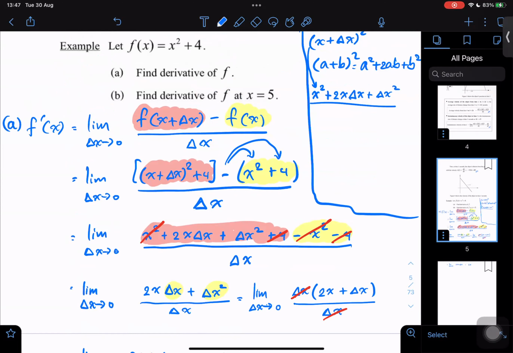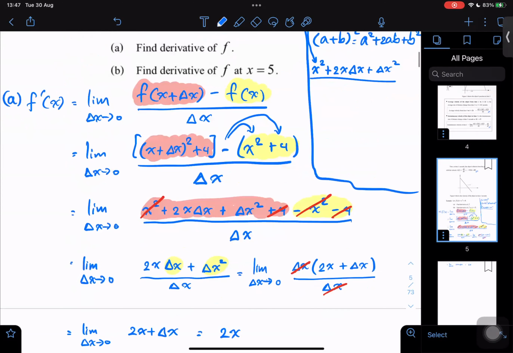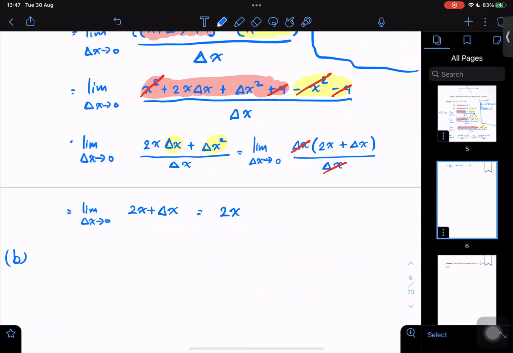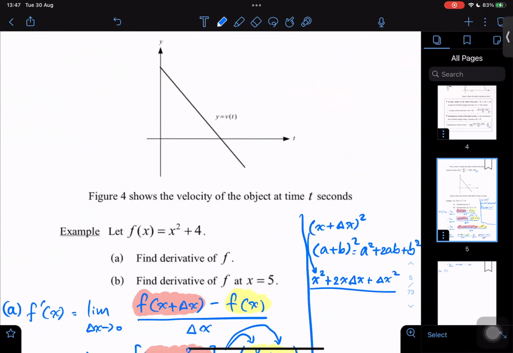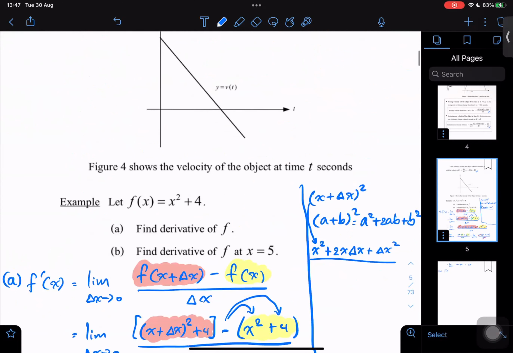Now we want part B. They wanted the derivative at x equal to 5, the derivative of f at x equal to 5. I can just write it like this.